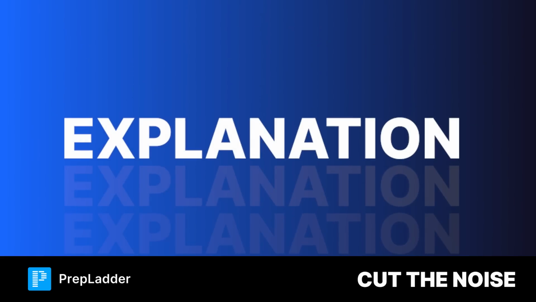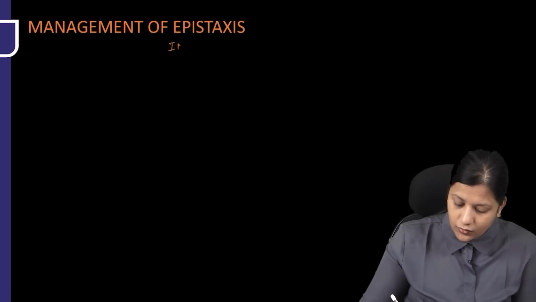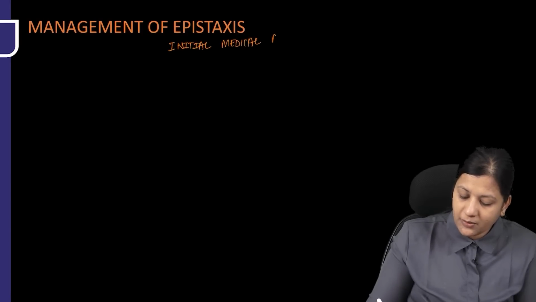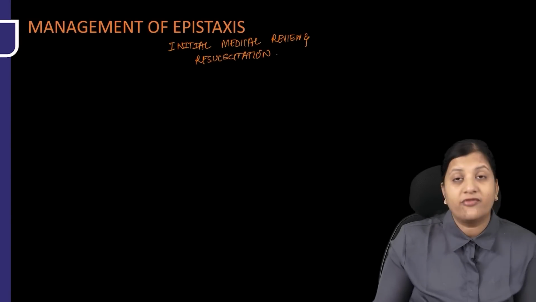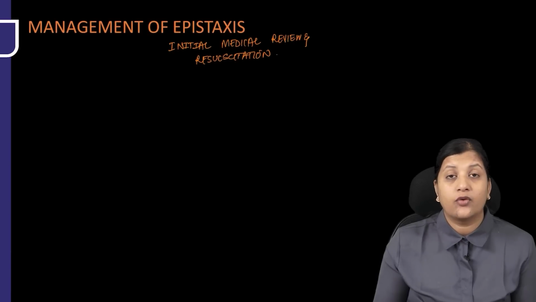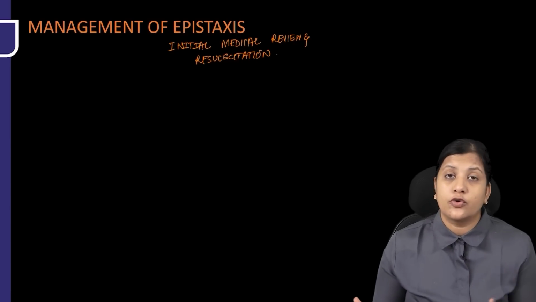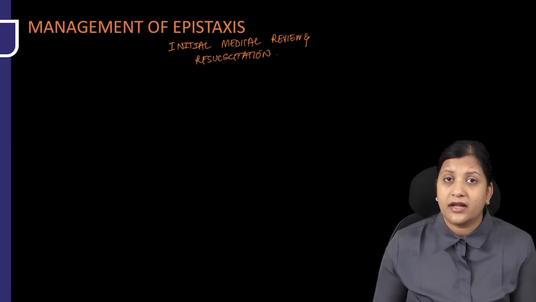Here's the explanation. Initial medical review and resuscitation. So what will you do? You will do an initial medical review and resuscitation. What do I mean by initial medical review and resuscitation? It means that you're going to ask the patient what is the history of bleeding, how the bleeding started, how the bleeding happened, was there a history of trauma, was there a history of any infection, was there a history of any prior tumor or any sinusitis or difficulty in breathing.